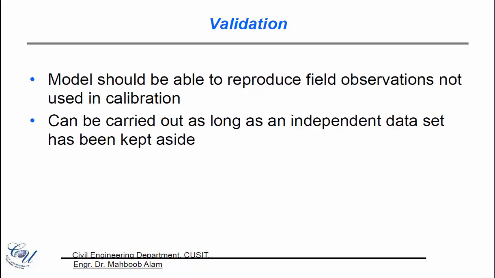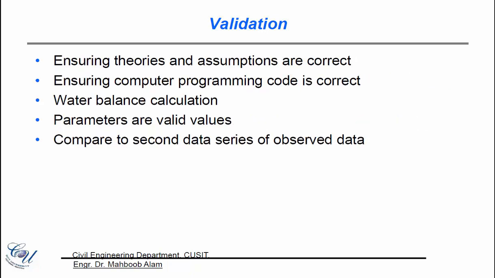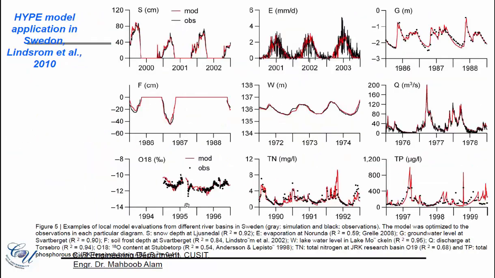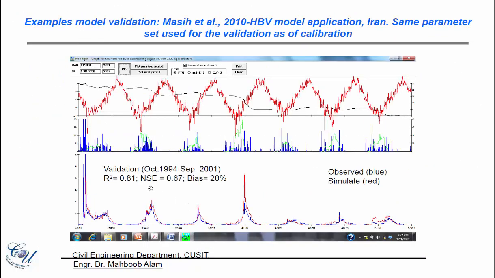So for example, I showed you this graph where your R square value was 0.91 and your Nash-Sutcliffe efficiency coefficient was 0.91. So both the metrics, or both the objective functions, are 0.91 in the calibration period. When we look at the validation period, the same has reduced to 0.81 and 0.67. And this is usually the case, not always, but usually in calibration your objective functions are working very nicely, but once you validate your model, your performance starts decreasing.